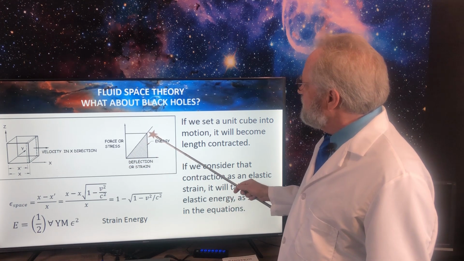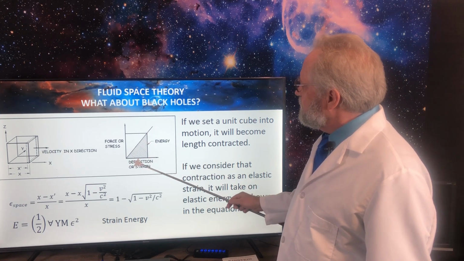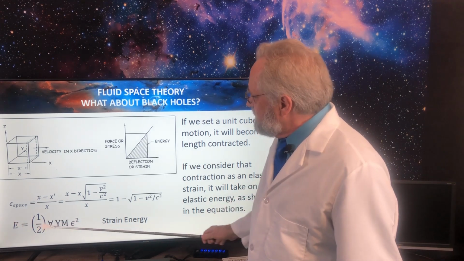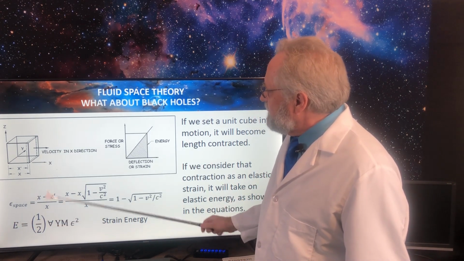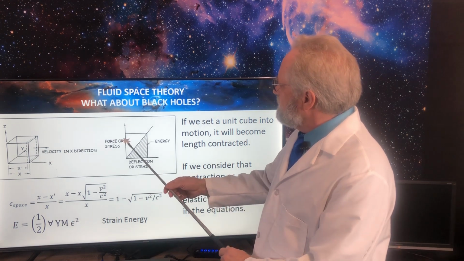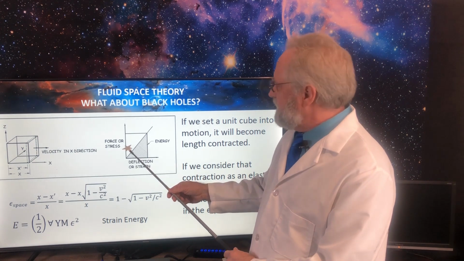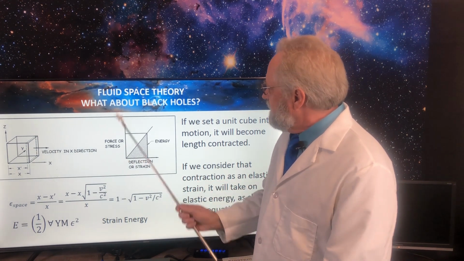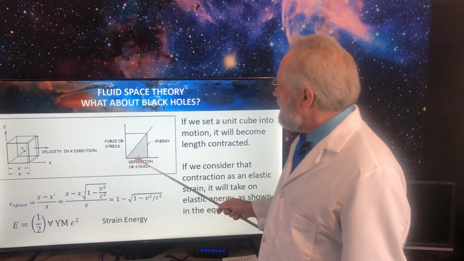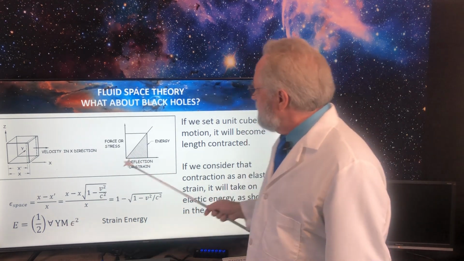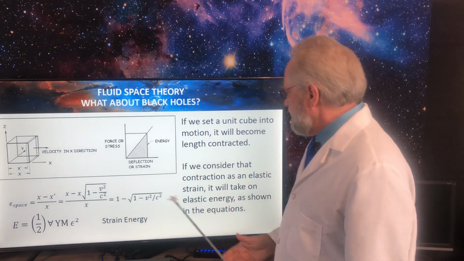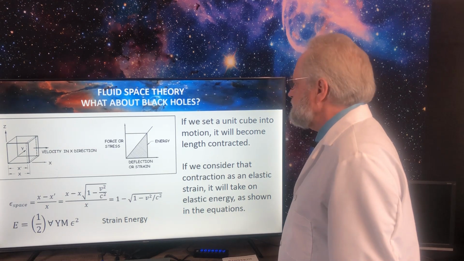We have a linear relationship, and the energy is the shaded area under the curve. We have the energy equals the volume times Young's modulus. So the force or stress is going to be Young's modulus times the strain, and we have the strain over here. So we get Young's modulus times the strain again, and then we divide it by 2 because we want half of this rectangle. And that's going to define the strain energy.